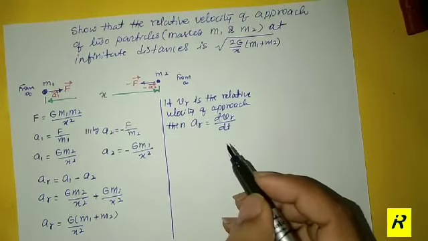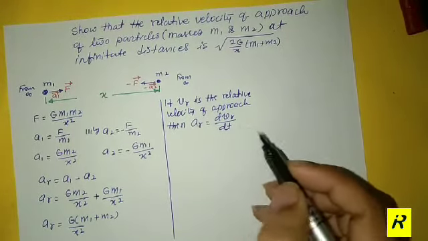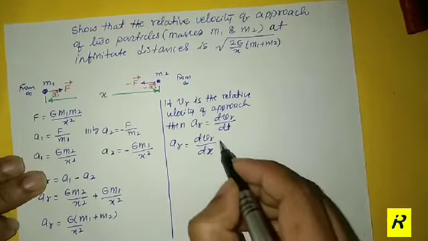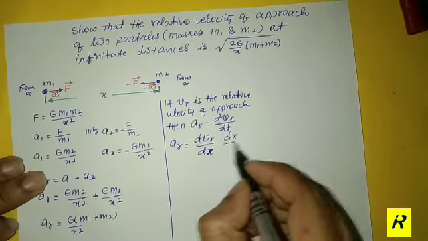And further, I make some mathematical replacements, that is dVr by dx into dx by dt.